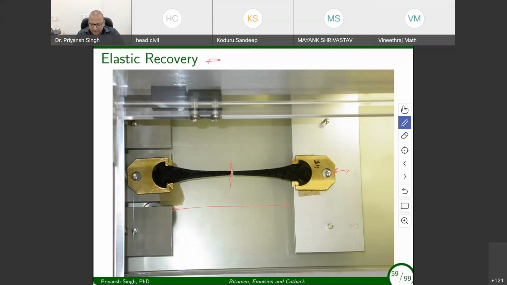Then 1 hour is allowed for the recovery. After 1 hour, the sample will be moved back to join these two pieces. The difference between the original position and the final position is taken, and that gives you the percentage of the length recovered from this binder.